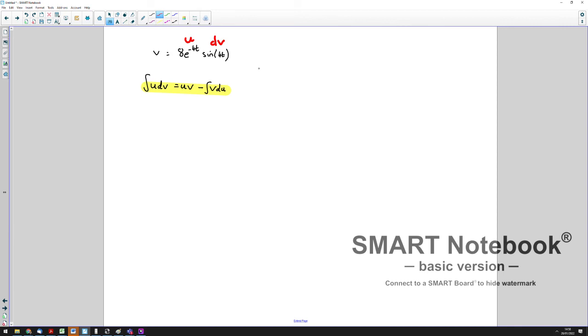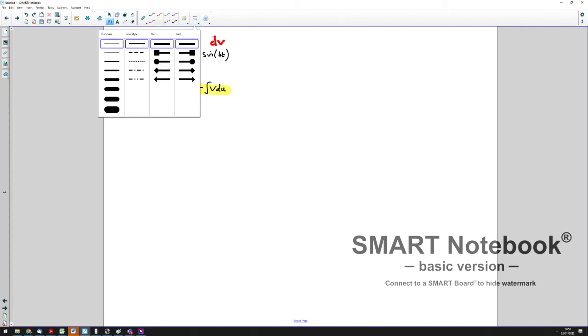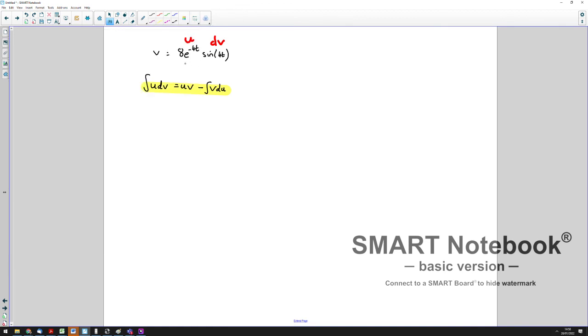However, because we've got an integral of v in there and we've got an exponential in there, it could be worth us doing it the other way round, saying that they swap over. So that is my u and that is my dv. I'm going to do one in green and one in red because we should end up with the same answer. But I think that way might be an easier way to do it.